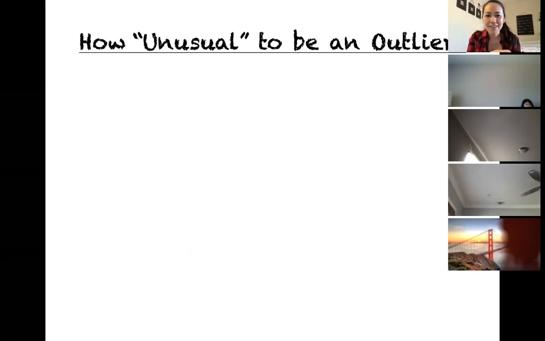So the first thing is, how do you tell when something is an outlier? How weird do you have to be to be considered an outlier? There are actually two rules, and I'm only going to teach you one today.